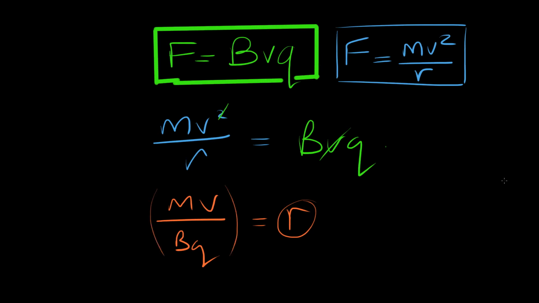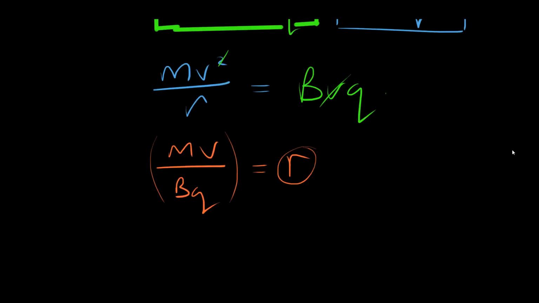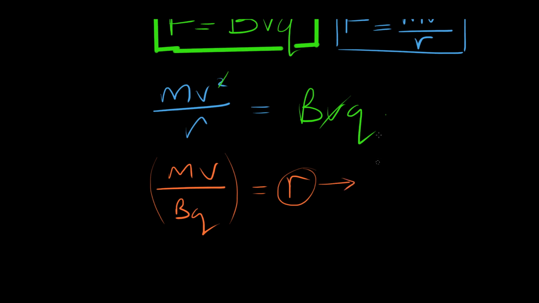Now, the radius of deflection is actually important in identifying particles. Particles of different masses, of different velocities, will be deflected at different radii. The radii will increase as the mass increases, and as the velocity increases. In cyclotrons, if you are trying to speed a particle up, the radius will increase.